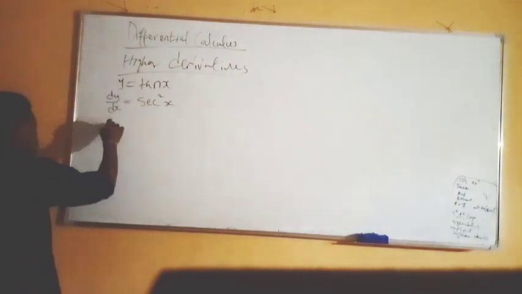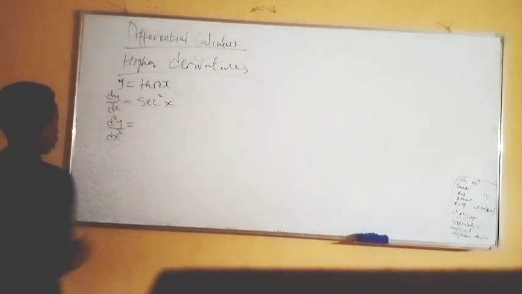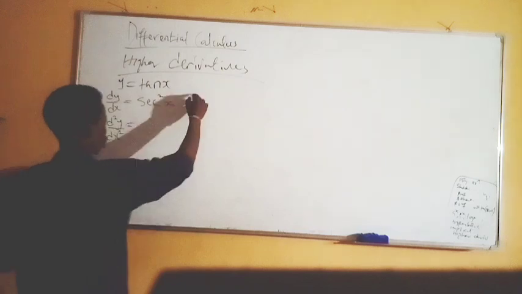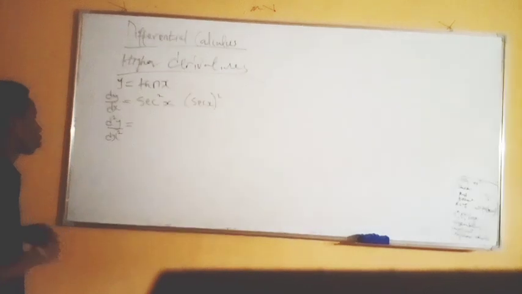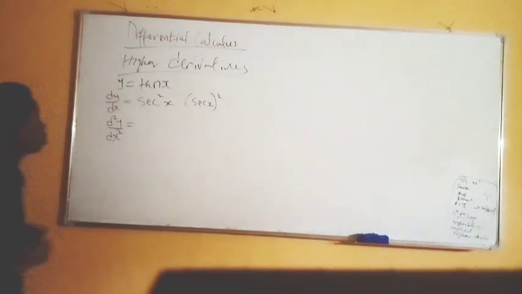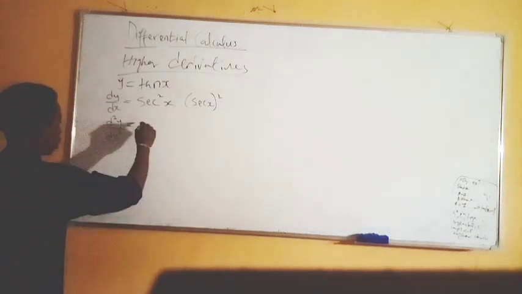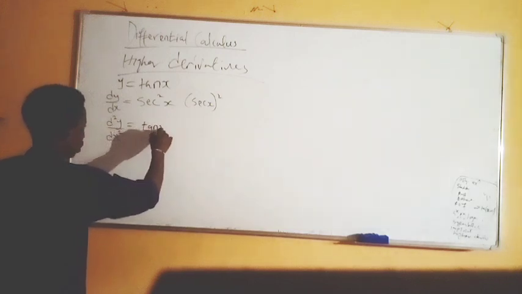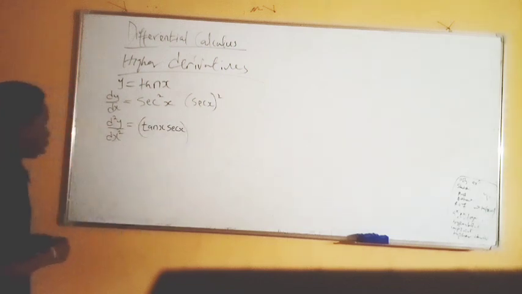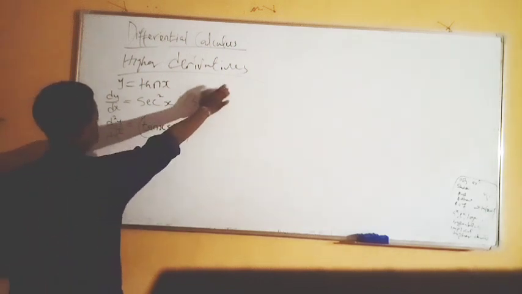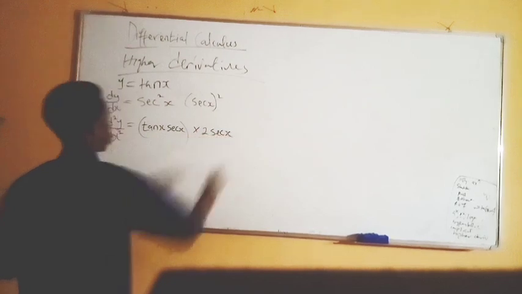Now, let's get the second derivative, which is a little bit difficult. This means d squared y over dx squared. If we differentiate the square of the secant function, we get 2 sec x times the derivative of sec x.